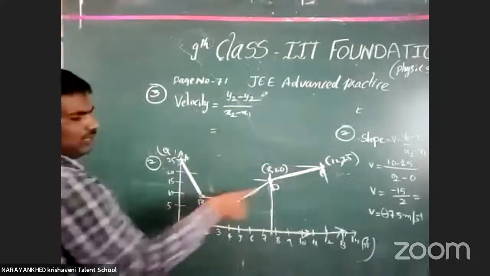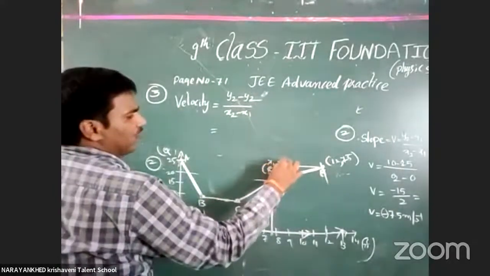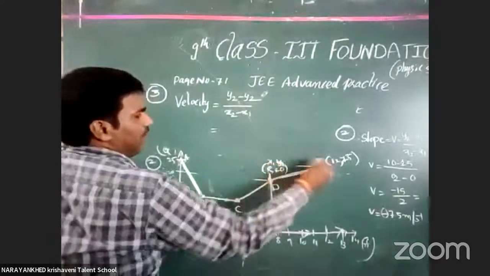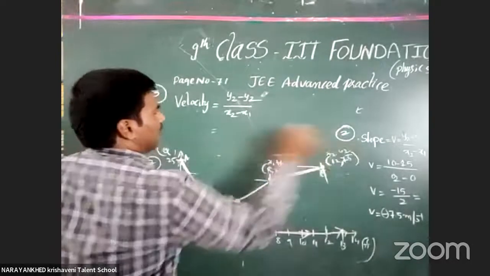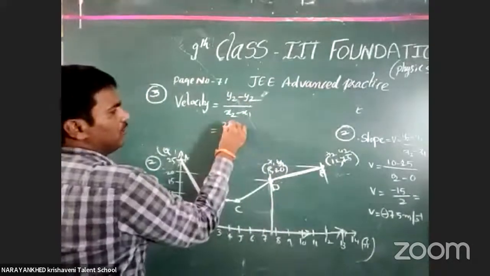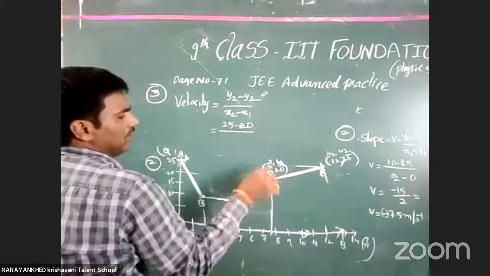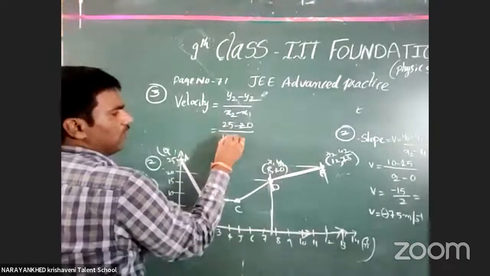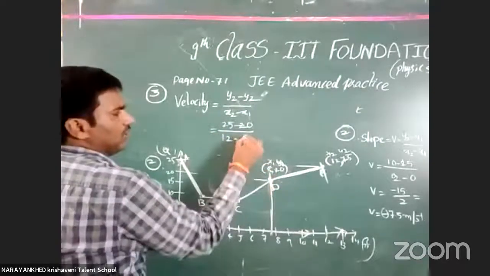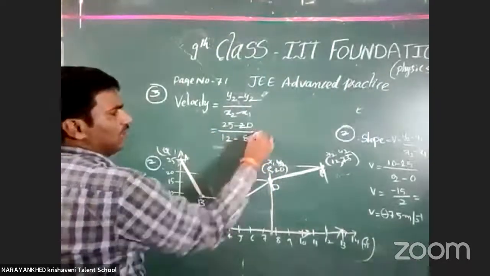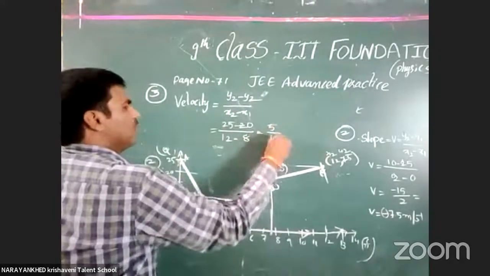Here, what is y2? 25. What is y1? 20. What is the time here? 12 seconds. And here? 8 seconds. Now it becomes 5 by 4.